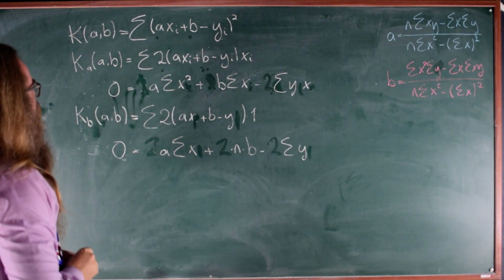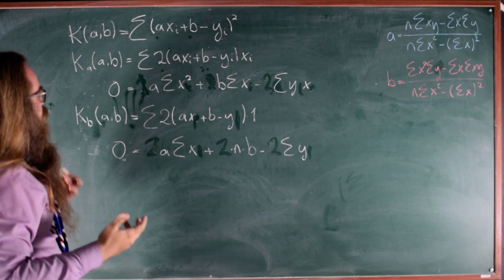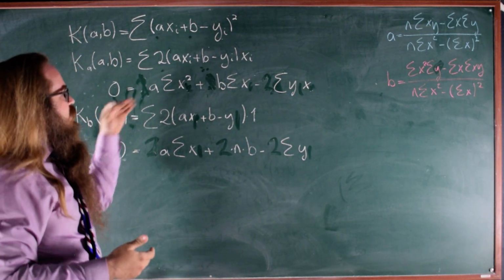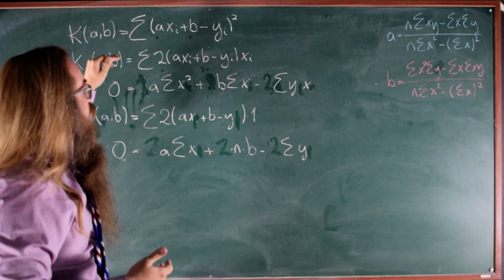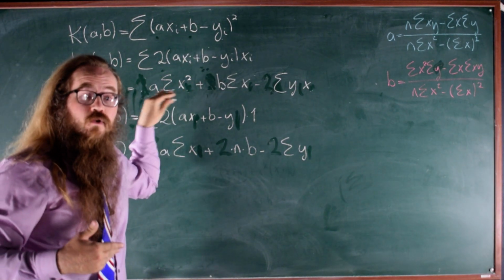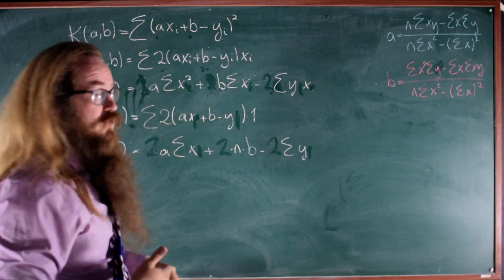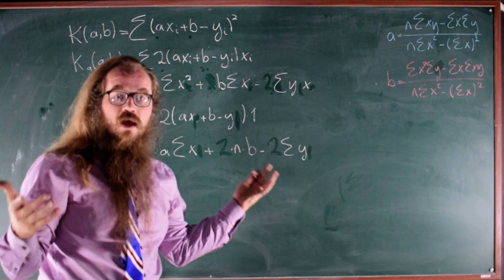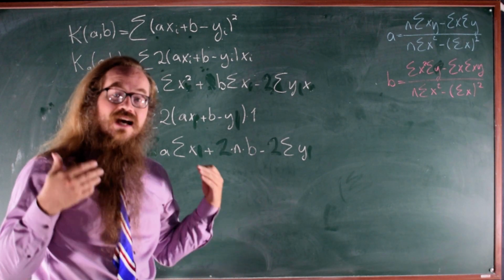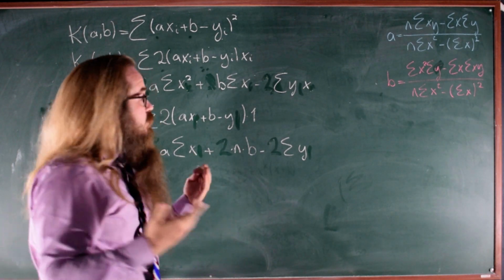Beautiful. All right. So what I wanted to do here is solve for a and b. So this is a system of equations of order 2, so I have 2 unknowns. And the thing I always do when I have a system of equations with 2 unknowns is I try to remove one of the variables, one of the unknowns.